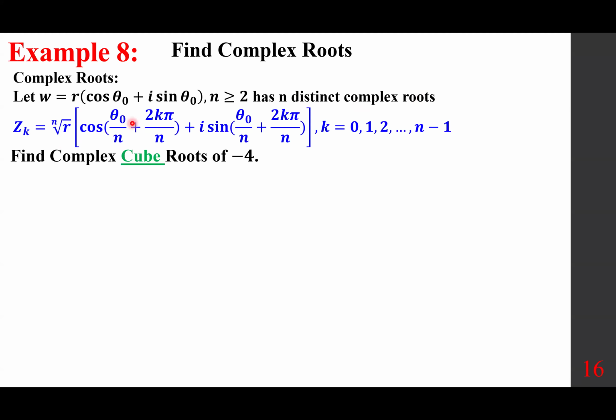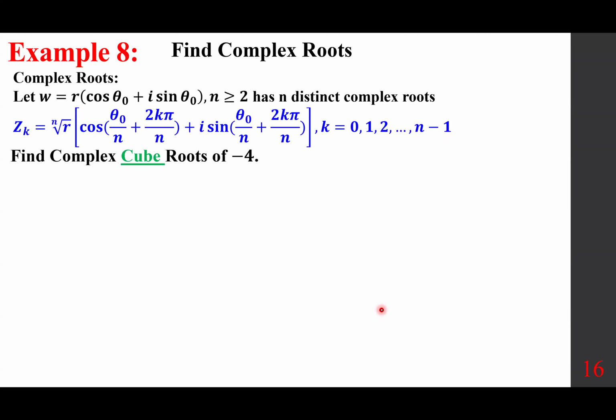And then you are going to divide this by n and plus 2k pi over n. k is an integer, everybody. That is the methodology where k is any number from 0 all the way to n minus 1. Why n minus 1? Because if you go with n, you repeat the process.